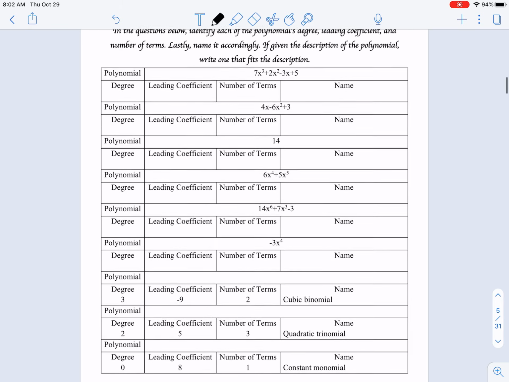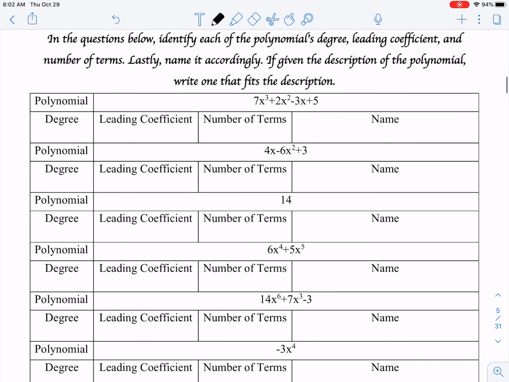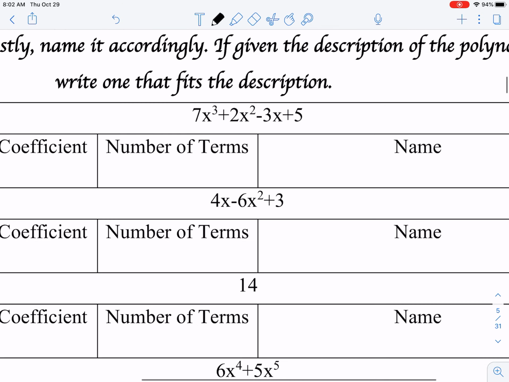So to actually do a couple of these, I want to talk about how polynomials are written, or how you should see them written. A polynomial should always be written with the highest exponent to the lowest exponent. All right, eventually all the way down to your constant.